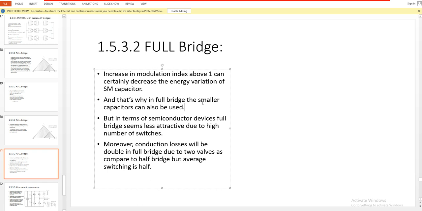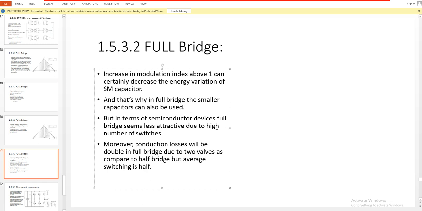In terms of cost, no doubt we are using double the number of semiconductor devices, but the size of the capacitor in the full bridge submodule is less as compared to the half bridge submodule.